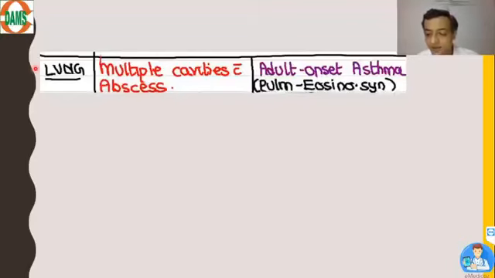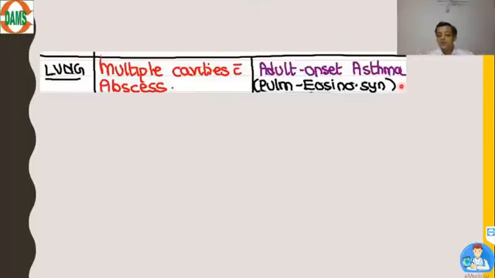Lung involvement in Wegener is in the form of multiple cavities with abscess, and adult onset asthma is in Churg-Strauss syndrome. Wegener is in red, Churg-Strauss is in purple. Let us compare and continue the table.